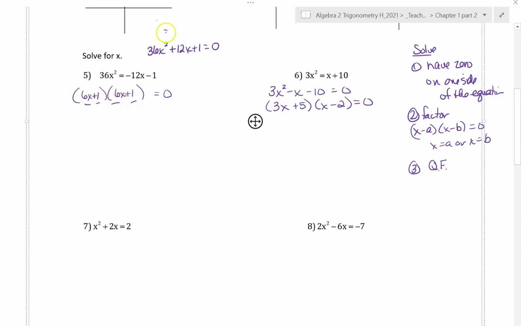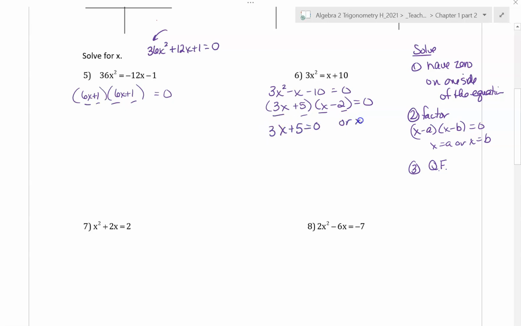And since the leading coefficient was not 1, those two numbers are not necessarily going to add to 12. So we tried different things. 6 and 6 actually ended up working, but maybe you tried something else first. You might not have gotten it on the first try. Just like over here, we're looking for numbers to multiply and give you 3x squared, and numbers to multiply and give you -10, but you might not have gotten this on the first try.